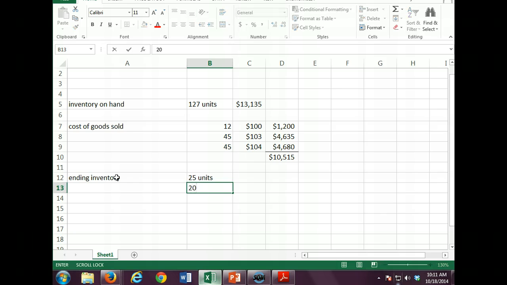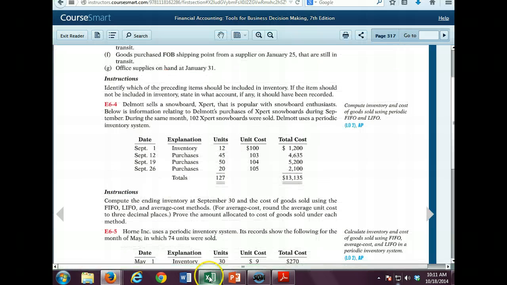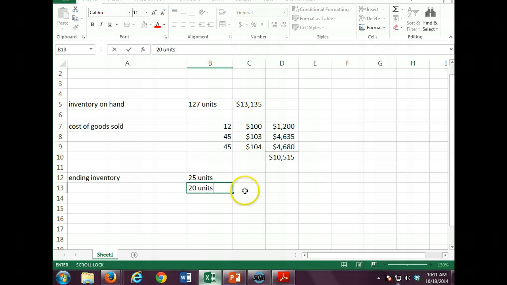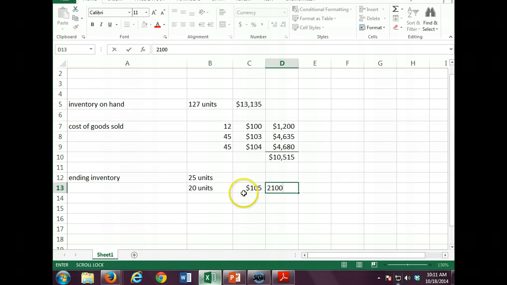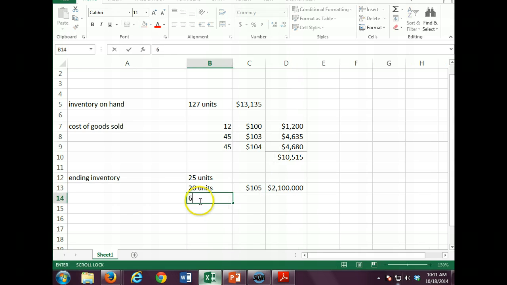Our ending inventory, we know, is 25 units. That's going to be 20 of those units at 105, which is $2,100, and 5 units at 104, which should be 520.